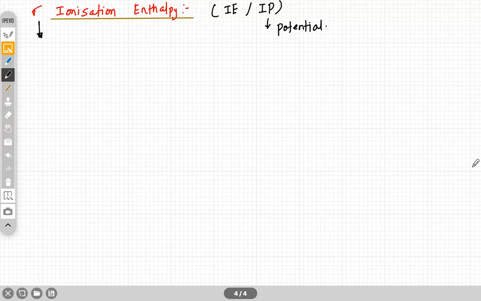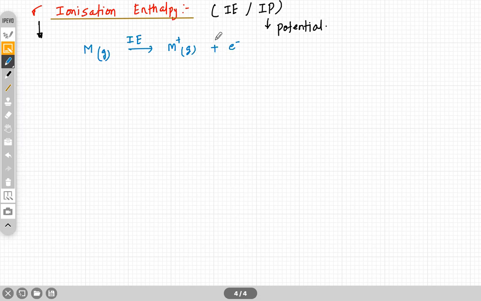So for example, suppose we have a gaseous element M, and when you provide ionization energy, IE, it converts into M plus gas and one electron goes out. Since it is removing the outermost electron, the first electron, we call it first ionization potential, IE1.